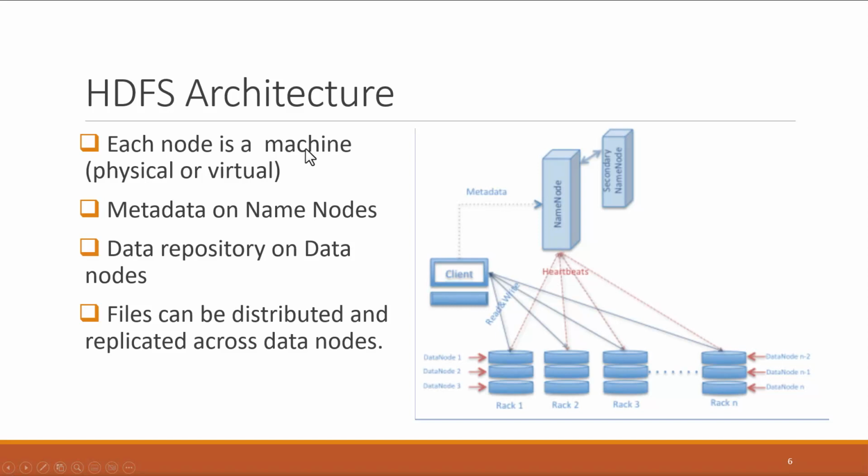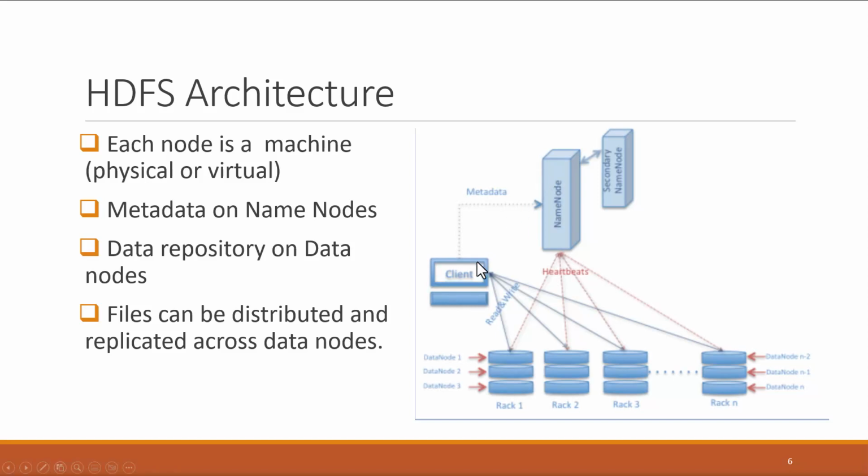So each node is a machine, and there are a couple of different kinds of nodes in HDFS. We have what's called a name node, and the name node is basically where all the metadata is stored. It stores essentially a file image, so it knows where all the file structures are stored within the various data nodes, how those things are split up, how all their allocations are made, and so forth.